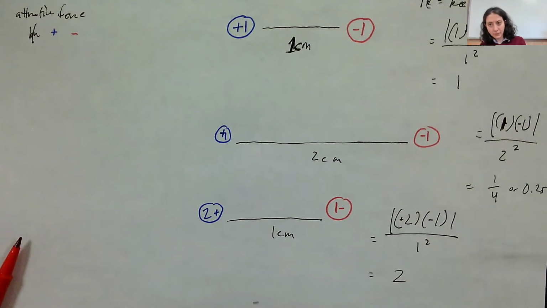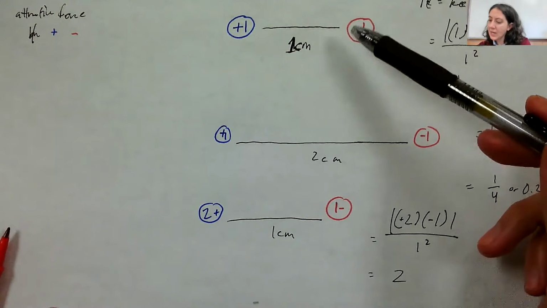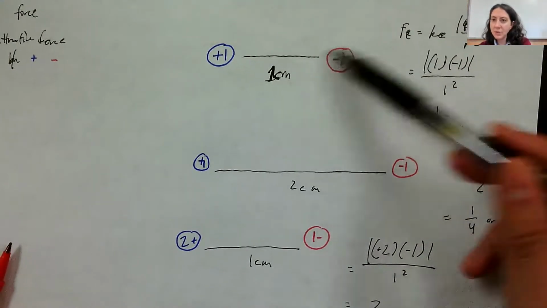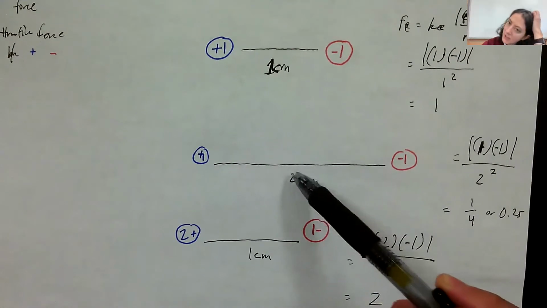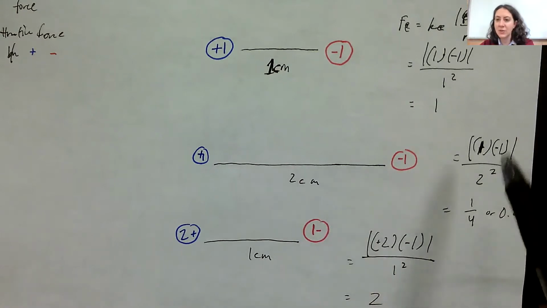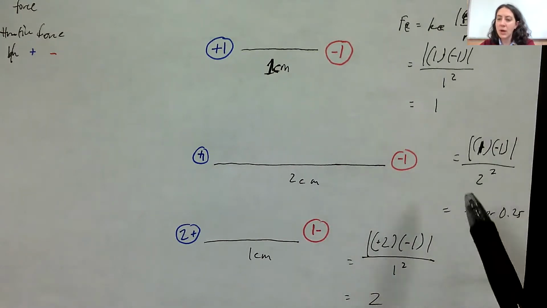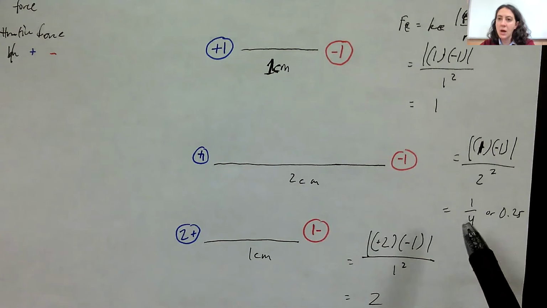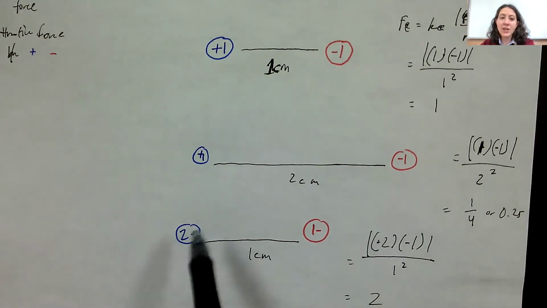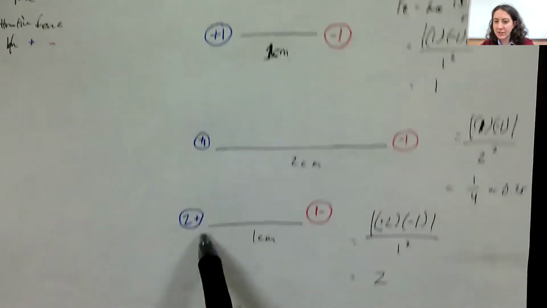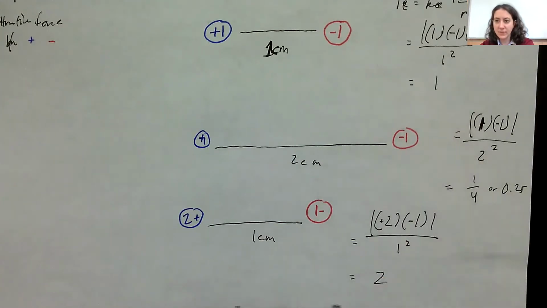So looking at this, when we compare to our original, when we doubled the distance, we reduced the force by a quarter. When we doubled one of the charges, we doubled the force.